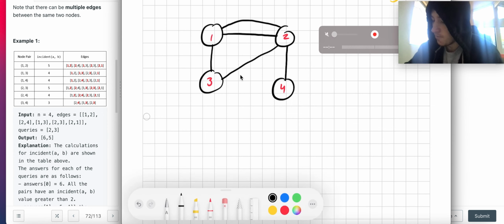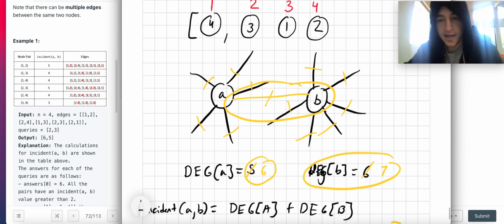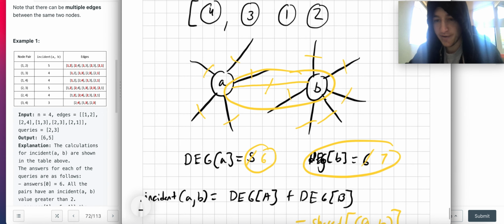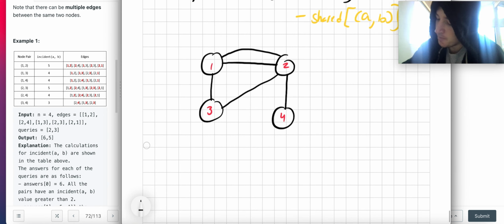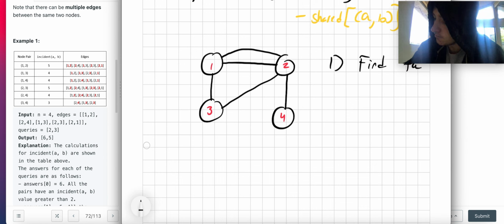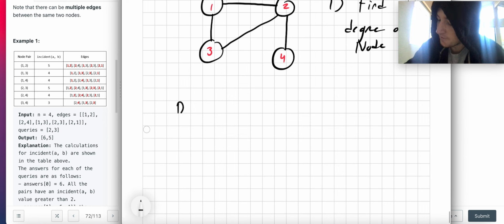So remember, here we have this idea of degree, and we needed the degree to find the incident. So maybe the first thing we should do is find the degree of each node. So we'll just have this degree array.